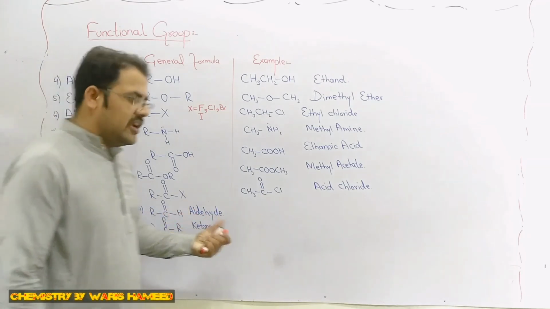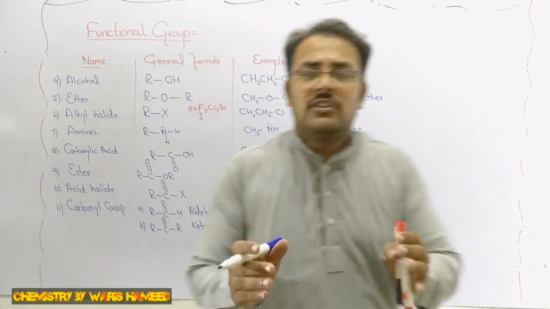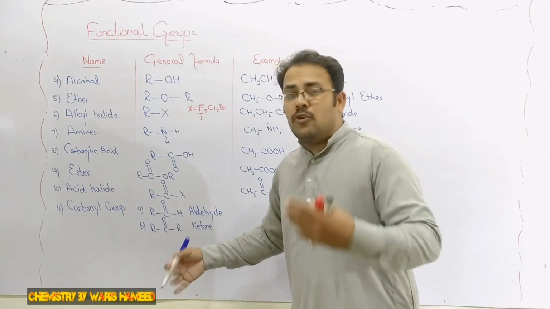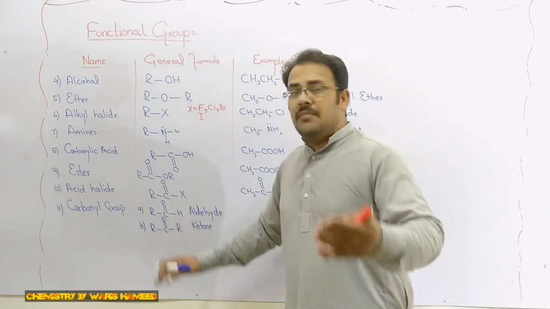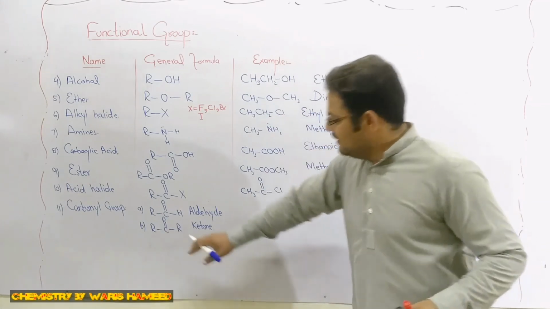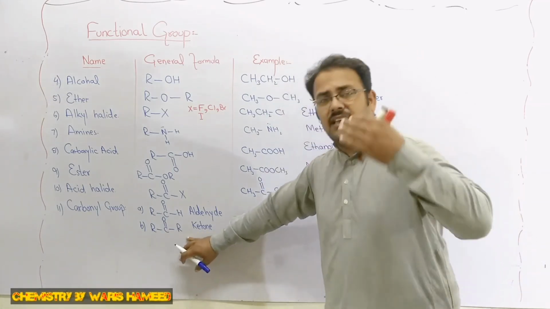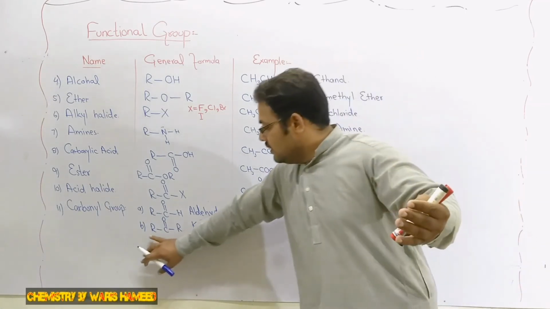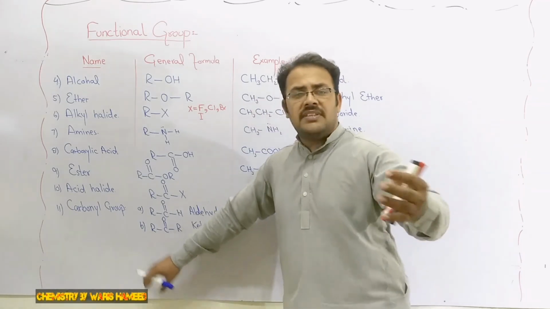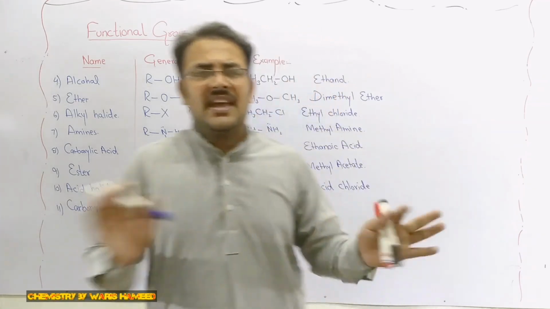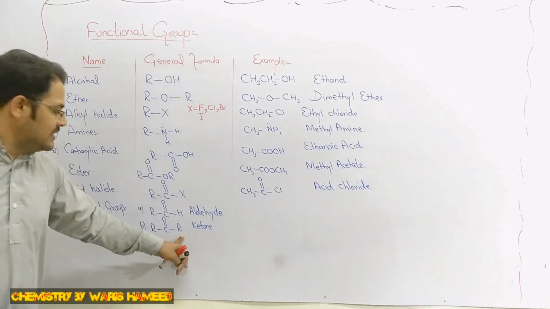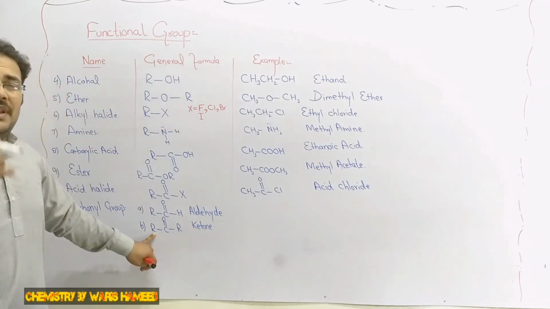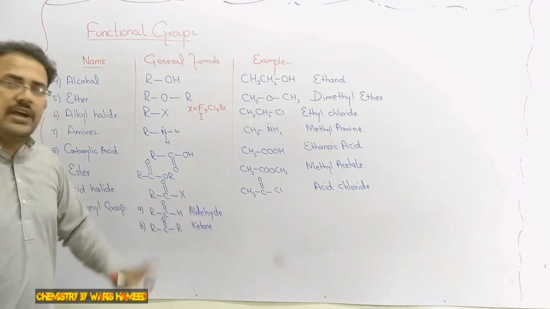In the case of aldehyde, one of the bonds connecting to the carbon atom may be a hydrogen atom. And in the case of ketone, alkyl groups are attached to the carbon, it may not be hydrogen. We cannot place hydrogen here. If we place hydrogen, then it becomes aldehyde.